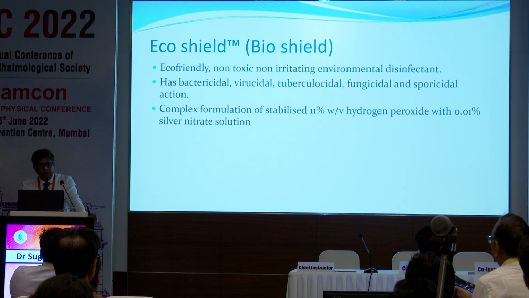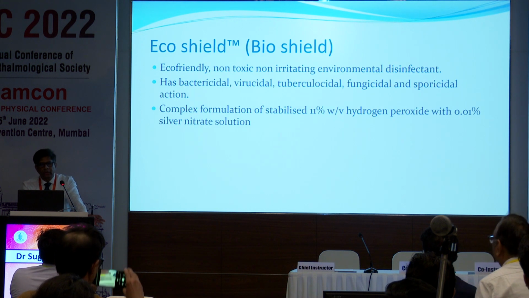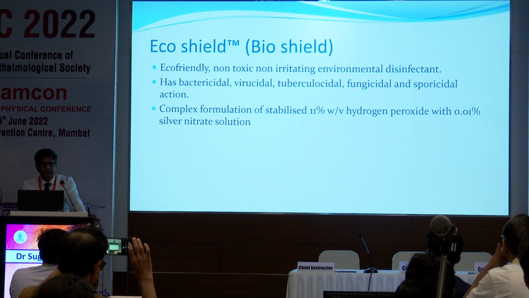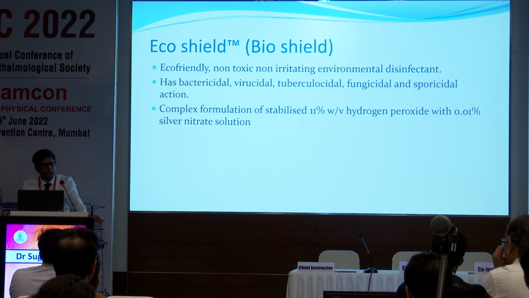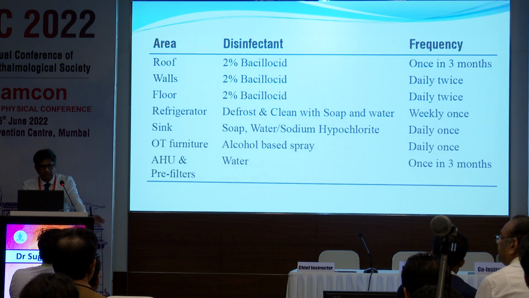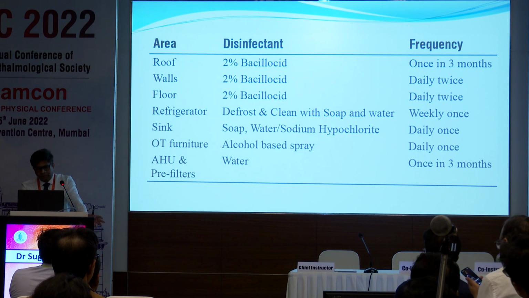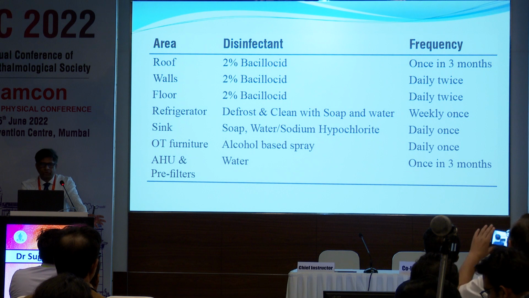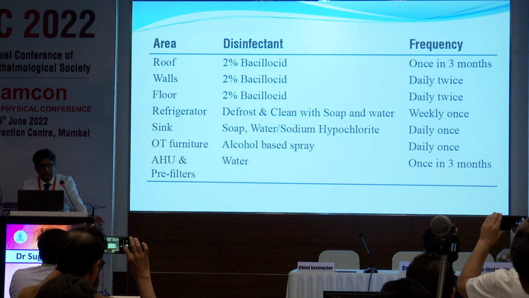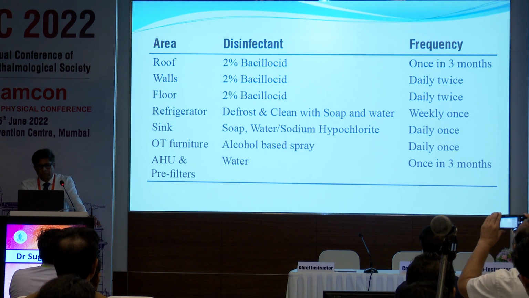The other one is EcoShield, which is also commonly used. It uses stabilized hydrogen peroxide solution with silver nitrate solution. Again, it has a widespread action, and this table shows how often we will clean the surfaces and what sort of solution is ideal and should be followed.